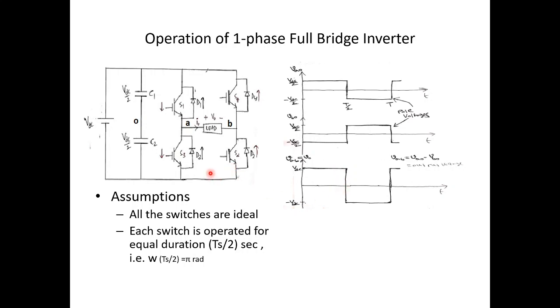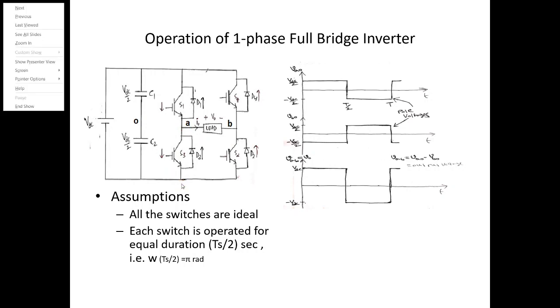In the second half cycle, the complementary switches, that is the top switch in leg 2 and the bottom switch in leg 1, are going to be conducting. If they are conducting, what should be the pole voltages? VBO is VDC by 2 and VAO is equal to minus VDC by 2. So VAB is equal to VAO minus VBO, which is equal to minus VDC. This way, from pole voltages one can find out the output voltage.